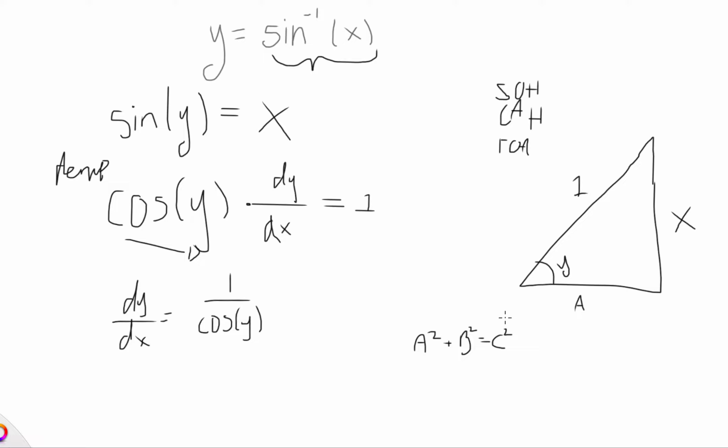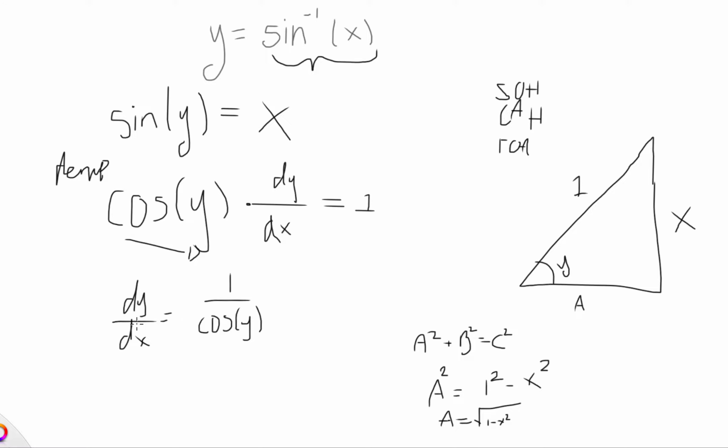With some rearranging, a squared equals c squared minus x squared. We want to get a by itself, so we square root both sides. So a equals the square root of, and what's 1 squared? It's just 1, so 1 minus x squared.